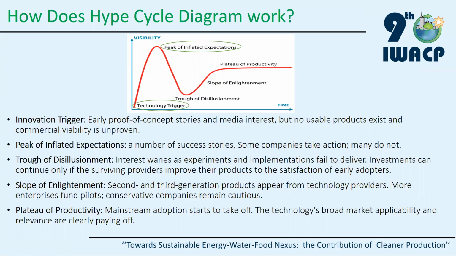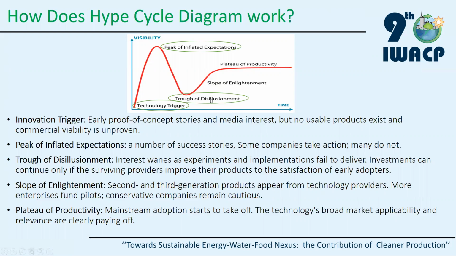The second stage is the peak of inflated expectations. Early publicity produces a number of success stories, often accompanied by scores of failures. Some companies take action, many do not.